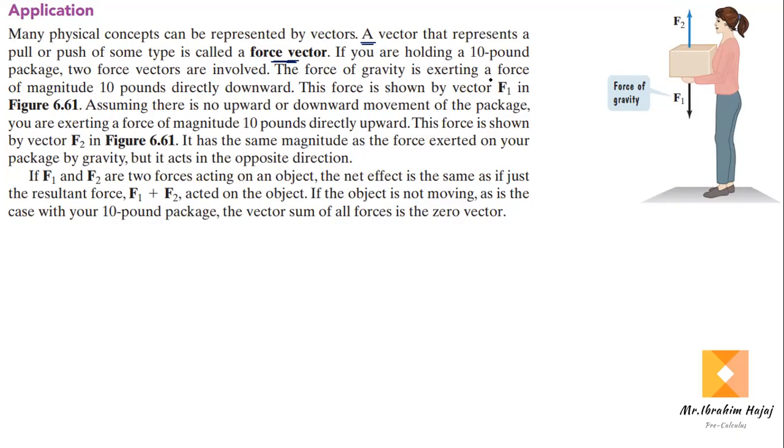The pull and the push are the force vectors. Force F1 is the force of gravity and F2 is the pull. Okay, the force of gravity is exerting a force of magnitude 10 pounds directly downward.